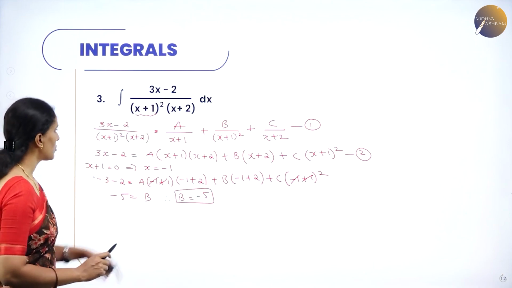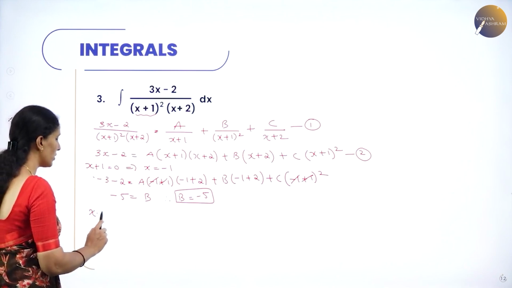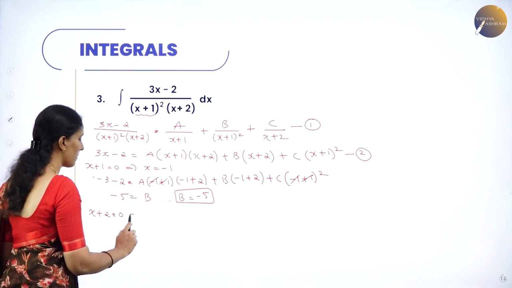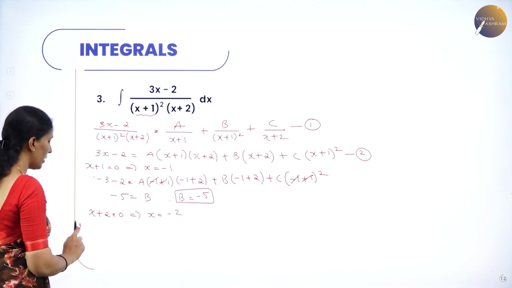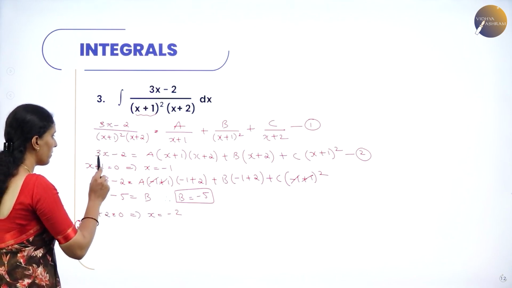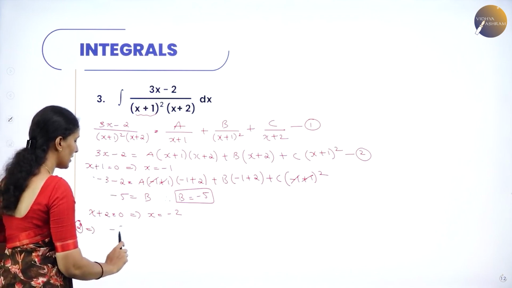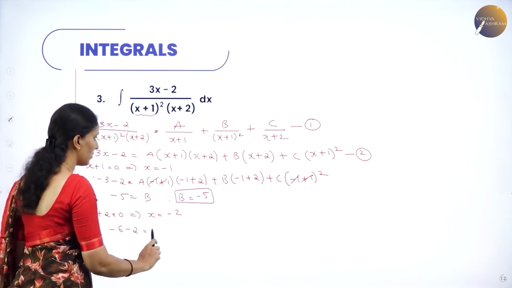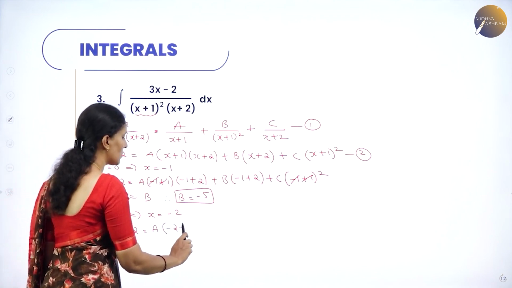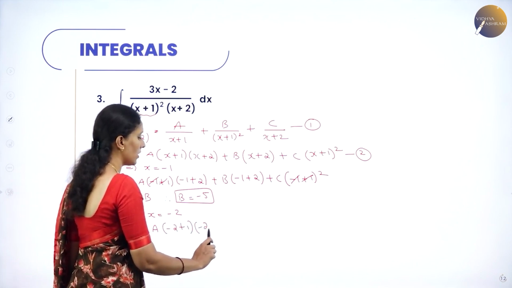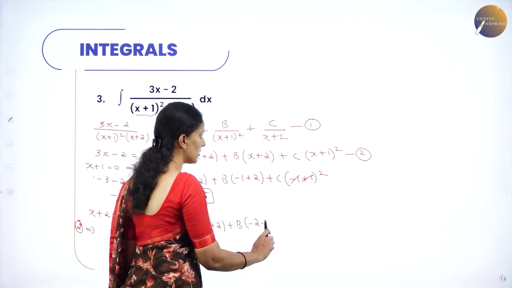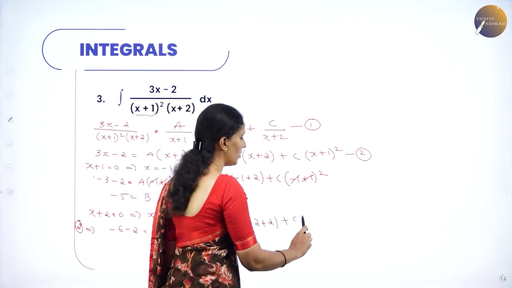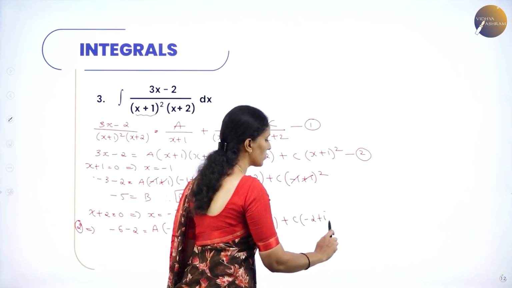Next we take x plus 2. So x plus 2 equal to 0 means x equal to minus 2. So in equation 2, if you put minus 2, 3 into minus 2 minus 2, that is minus 6 minus 2, is equal to a into (minus 2 plus 1)(minus 2 plus 2) plus b into (minus 2 plus 2) plus c into (minus 2 plus 1) whole square.